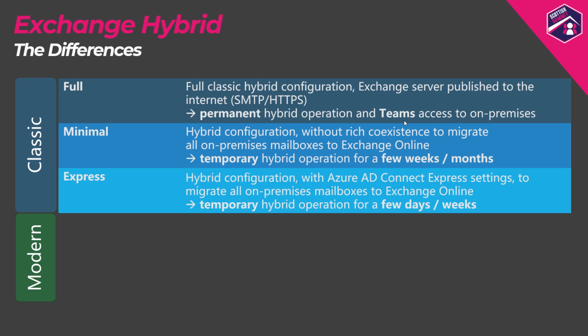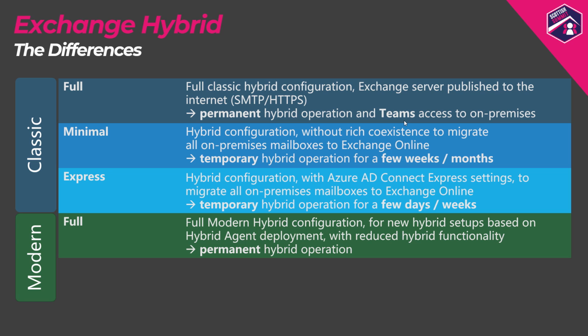So think about using Classic Express for a very small and medium-sized business who wants to migrate over the weekend to Exchange Online, and Classic Minimal, where you definitely need a few weeks and you just want to migrate selected items of your local Active Directory. But nevertheless, your goal is to get rid of your local Exchange servers.